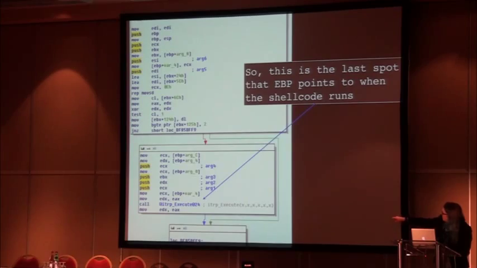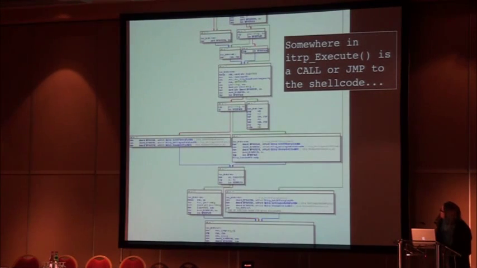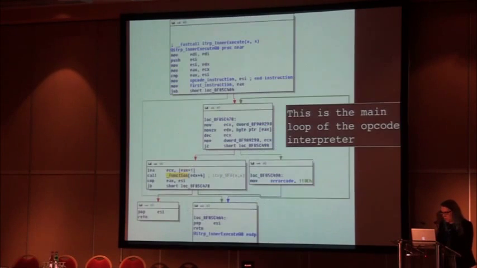So it crashed somewhere down that path, and this is the main execution loop, I believe. Somewhere in here is a call or a jump that goes to the shellcode. And this is the actual main loop.